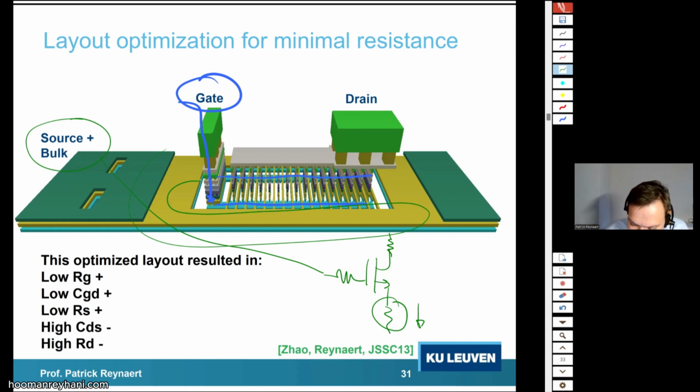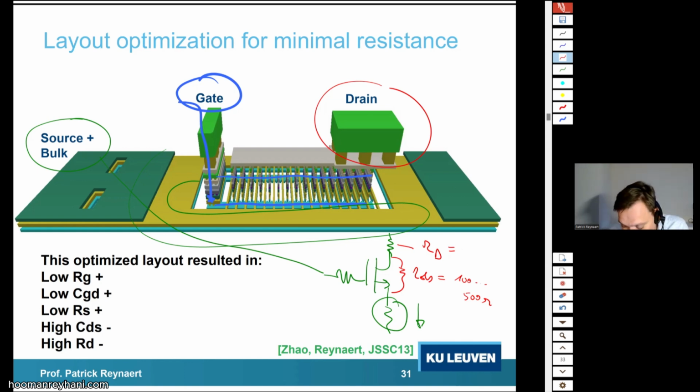The drain, actually, we don't care too much about. If there is a lot of parasitic resistance at the drain, remember that the drain source resistance is maybe 100 ohms to 500 ohms. So if that parasitic drain resistance is maybe 10 ohms, who cares, right? That's the benefit. You can tolerate much more parasitic resistance at the drain than at the gate and at the source.